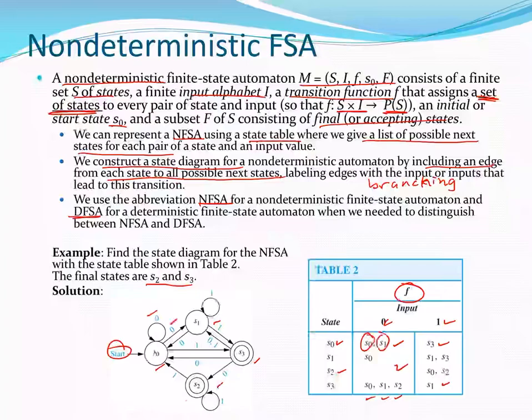And if I'm in state 2 and a 0 comes in, nothing happens. And if, in fact, I map to the empty set, the machine errors. If a 1 comes in, I stay in state 2 and I go to state 0.